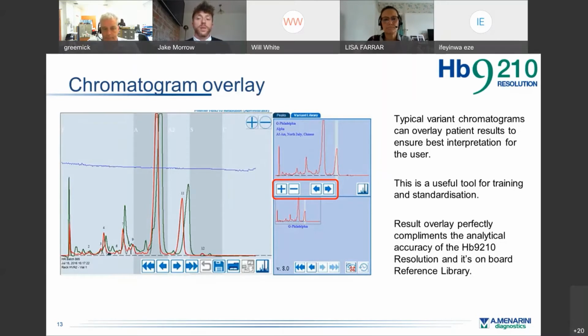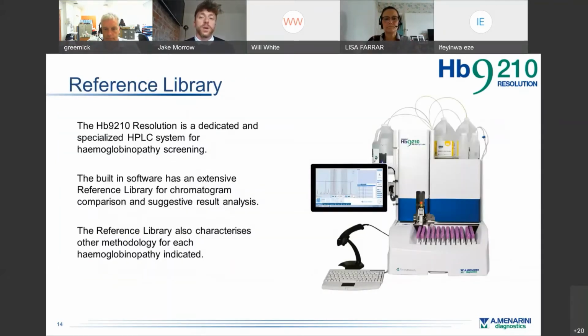So this result overlay perfectly complements the analytical accuracy of the Hb9210 resolution, especially when you consider one last feature I'm going to tell you about, which is the onboard reference library or variant library. The Hb9210 resolution is a dedicated and specialized HPLC system for hemoglobinopathy screening.